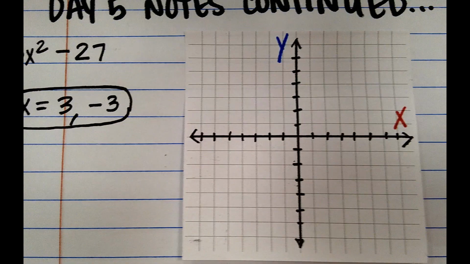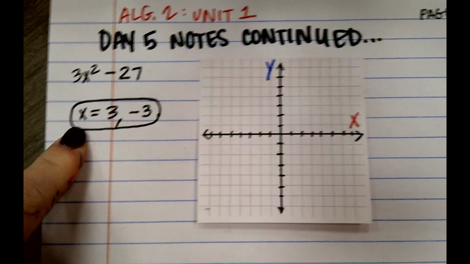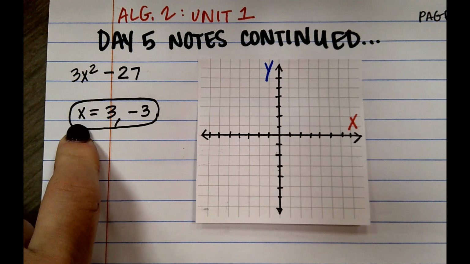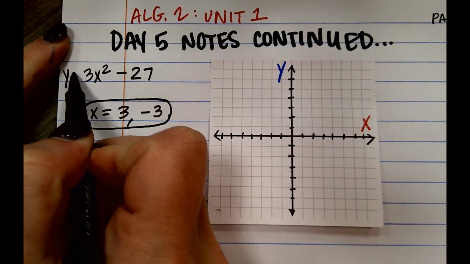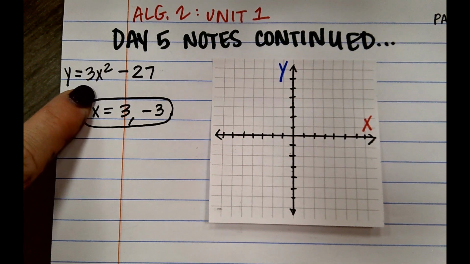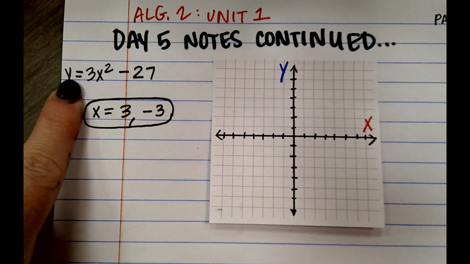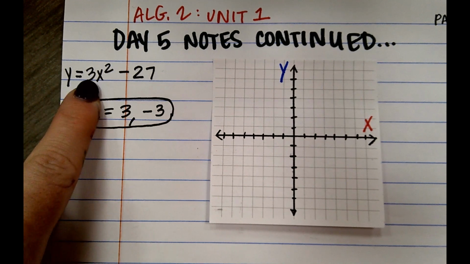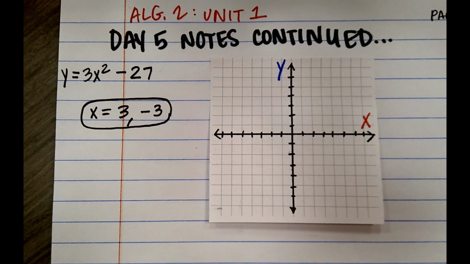Okay. So, when we solve a quadratic equation, we are solving this. Y equals 3x squared minus 27. The only thing I did different is instead of 3x squared minus 27 equals 0, I put a y there instead.